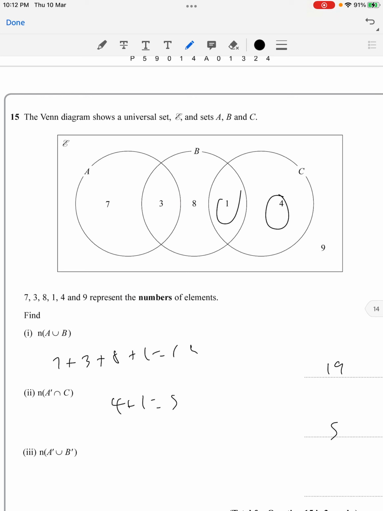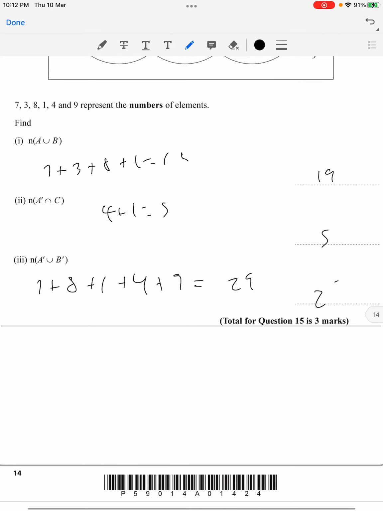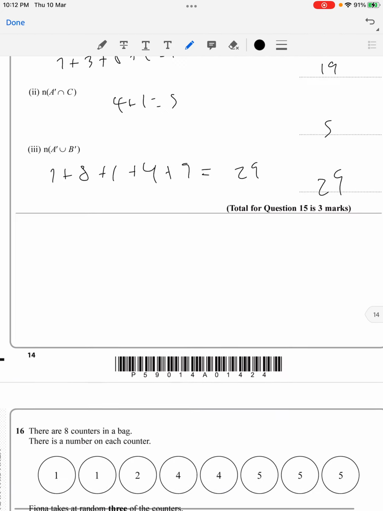In order to find that, we have the values of 7, but the number of elements that are not in A, right? So it'll be 7 plus 8 plus 1 plus 4 plus 9, which gives you 29. So 29 is your answer.